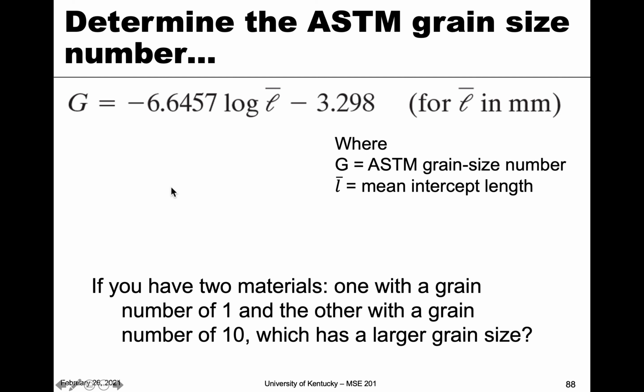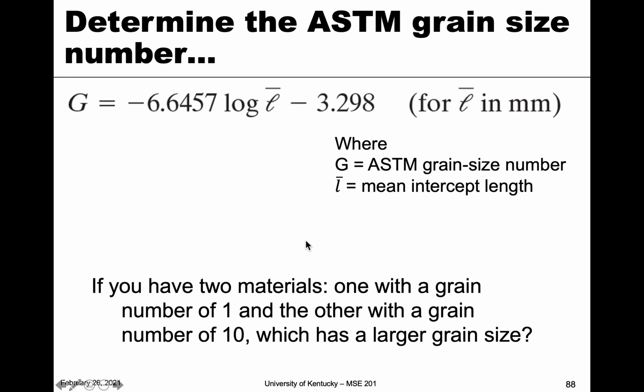To calculate this grain size number G, we plug into this expression that really just is a function of the mean intercept length. This function is for when your units are in millimeters, so the specific numbers here are for when you have millimeter units. This is a dimensionless number, and it gives us a measure of how large the materials are.